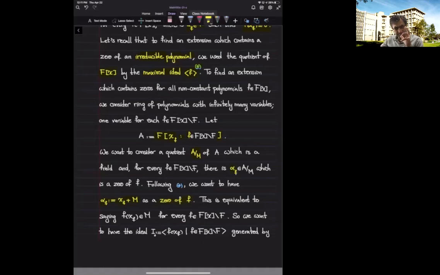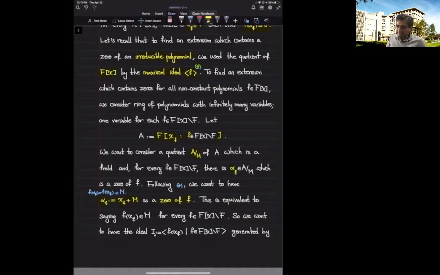But what does that mean? When I evaluate f at alpha f, I get the coset. This is like evaluating it at x sub f and then looking at the coset represented by f of x sub f.